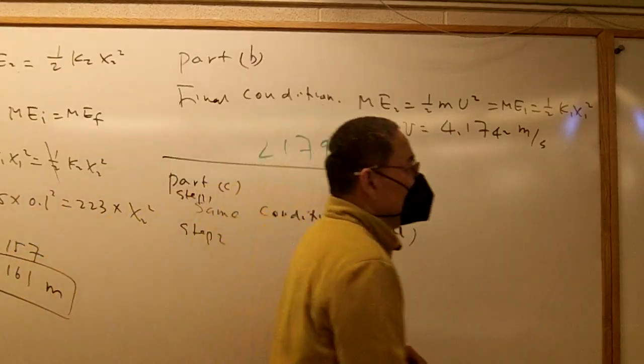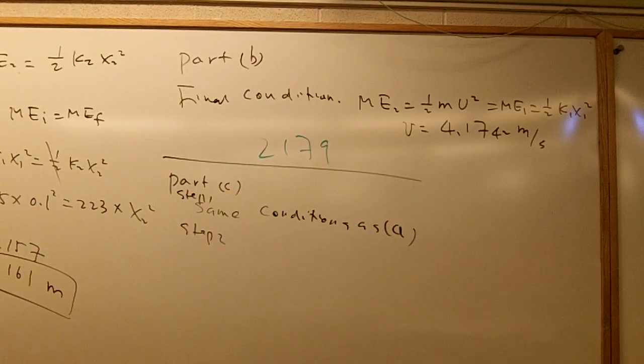Step 2, let's see what we will need to do. We're going to use this equation, W_NC equals ME final minus ME initial.